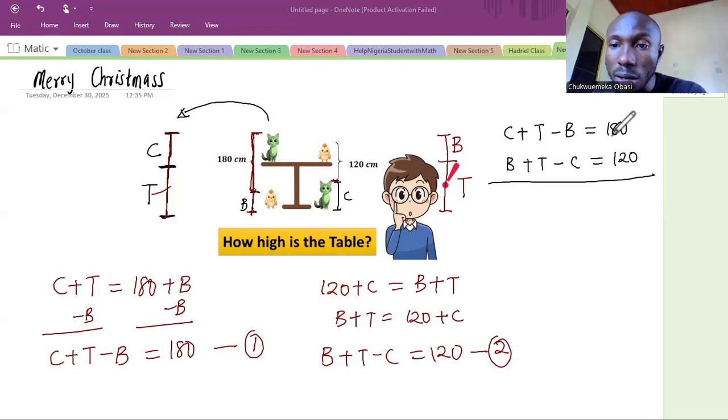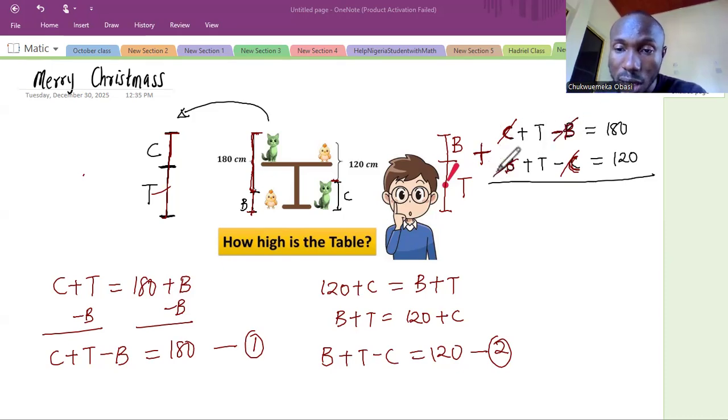I can see in the first equation we have positive C, and in the second equation we have negative C. That means if we add up these two equations together, this C and this negative C will definitely cancel out. Does it make sense? And this is minus B right here in the first equation, and this is plus B. So minus B plus B is going to cancel out.